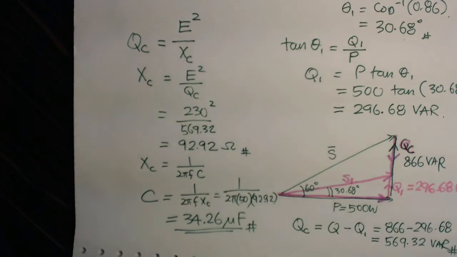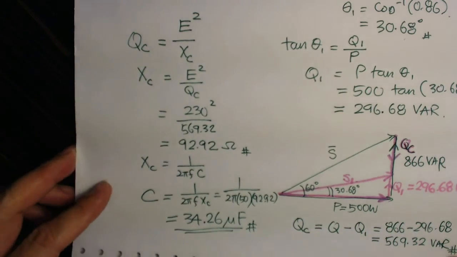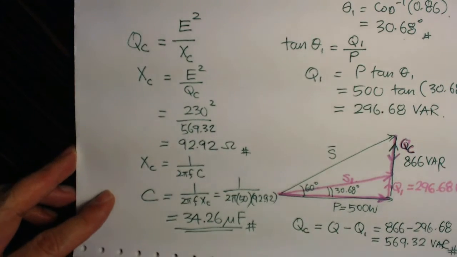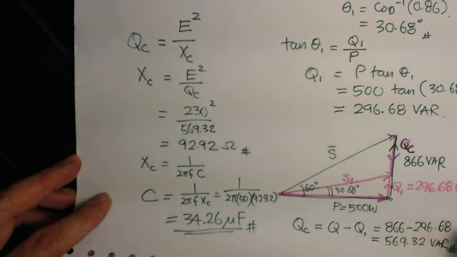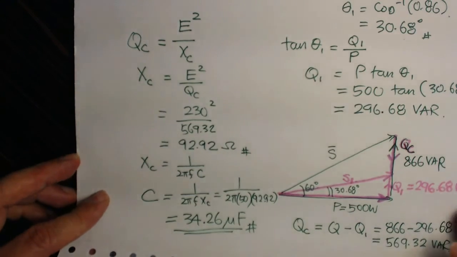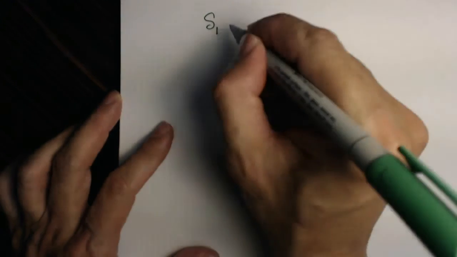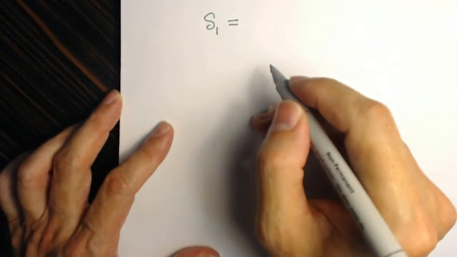Number one, it reduces the apparent power required, and as a result of that, it reduces the current as well, right? So what we need to do is to calculate the new apparent power S1. The new apparent power S1 can be calculated from Pythagoras theorem.